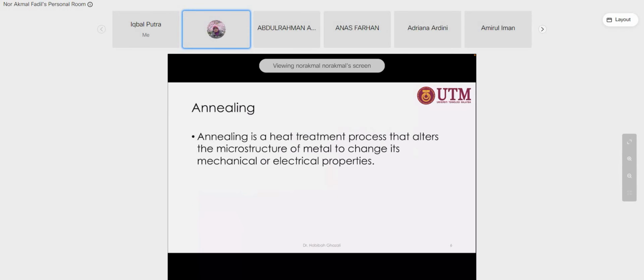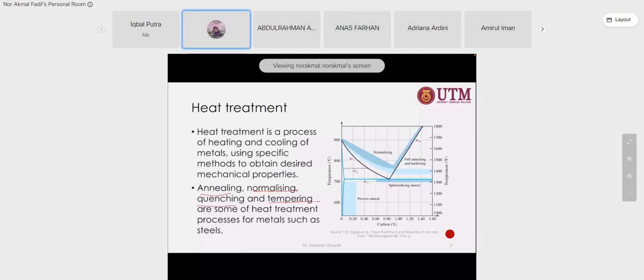Okay, for the annealing process, we have several processes. We are always referring to the phase diagram. For example, if you want to conduct process annealing, this process annealing is suitable for this grade of alloy. Higher than that we don't call it process annealing, and the temperature range is between this. So that one is process annealing.